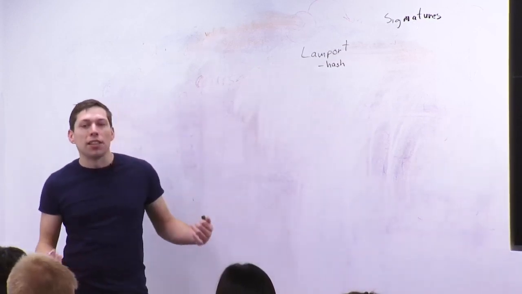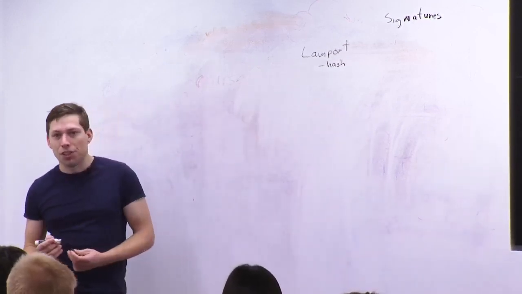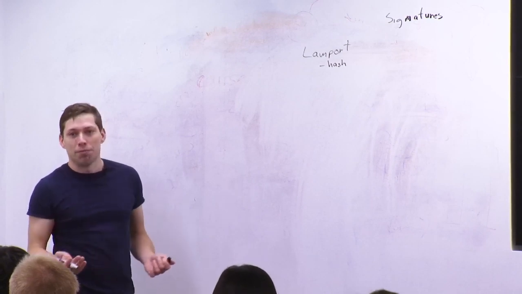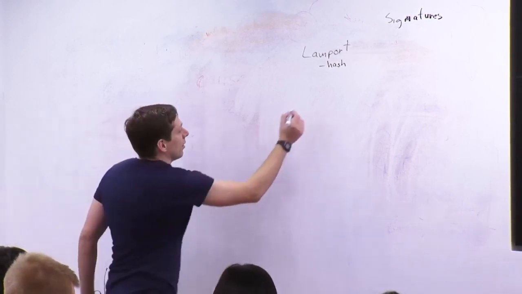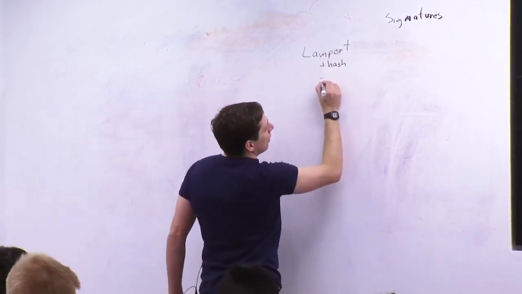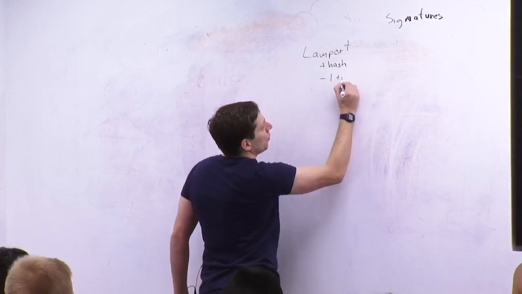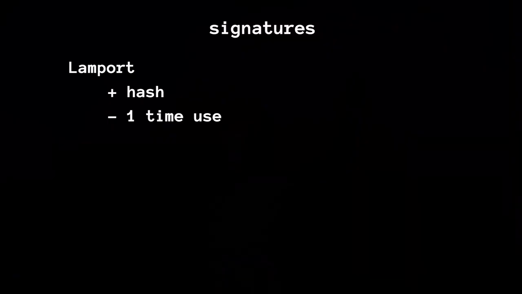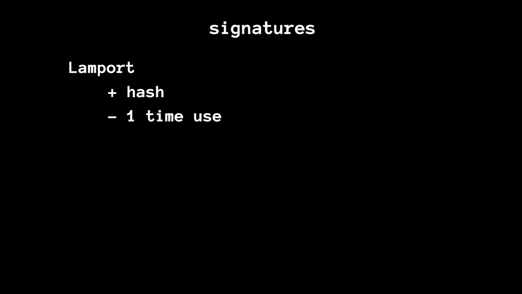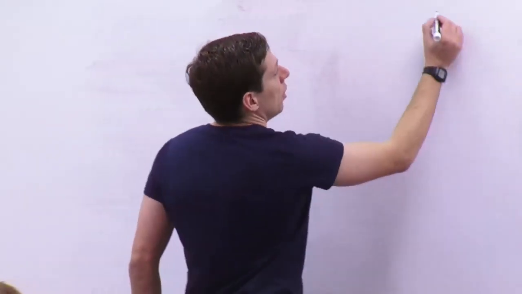What are some disadvantages of these Lamport signatures? Plus, it's hashes, that's cool. One-time use. Other possible disadvantages of them relative to other systems? Another is they're kind of huge.